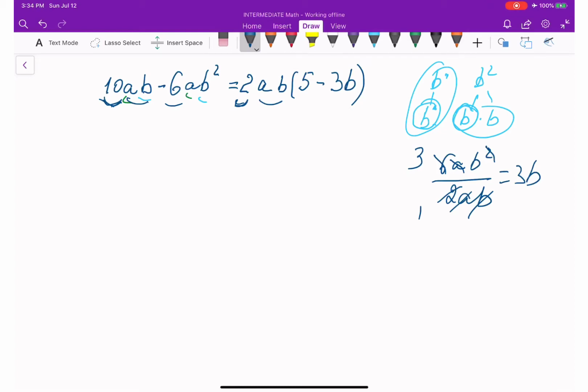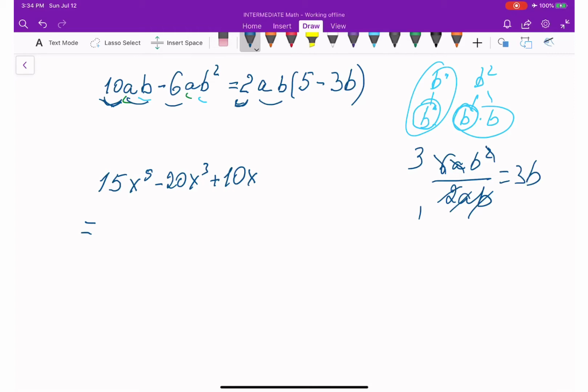Next one: 15x^5 minus 20x^3 plus 10x. So what is going to be the common factor between 15, 20, and 10?